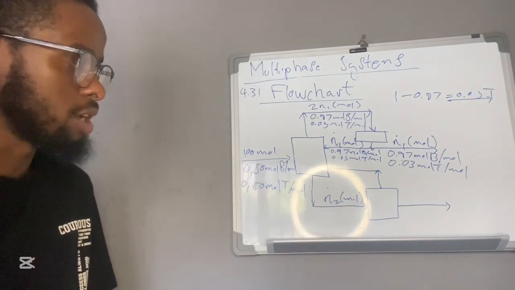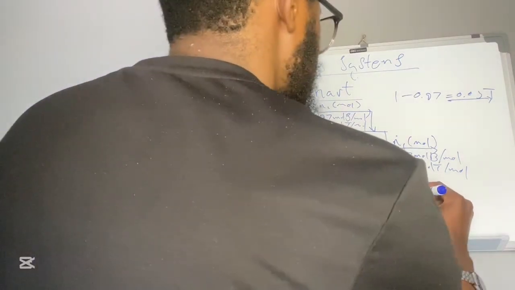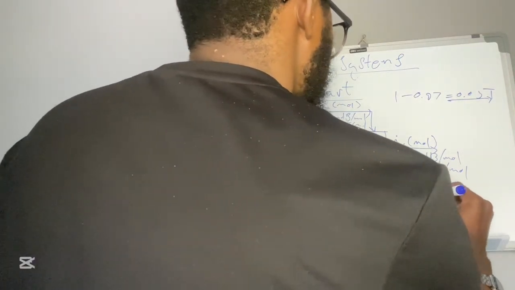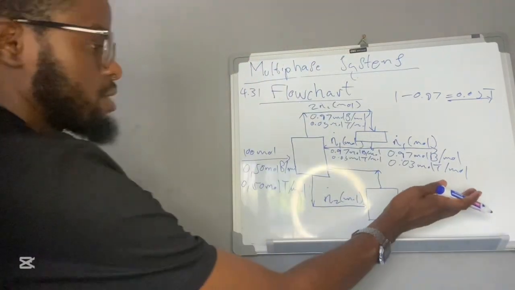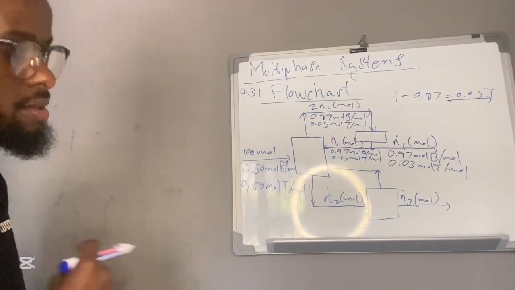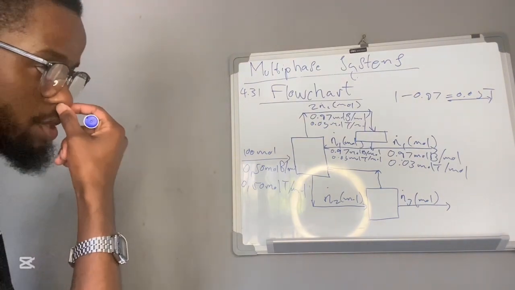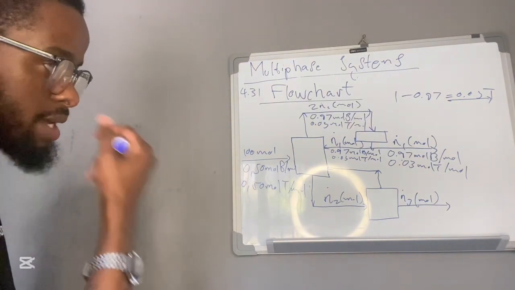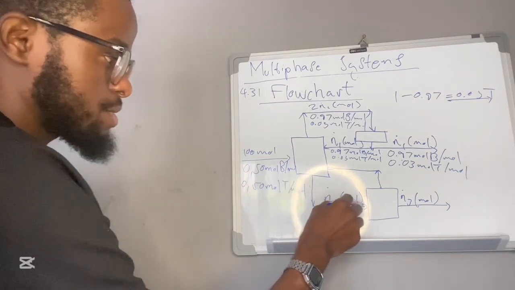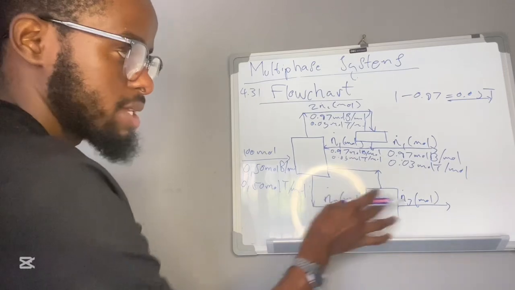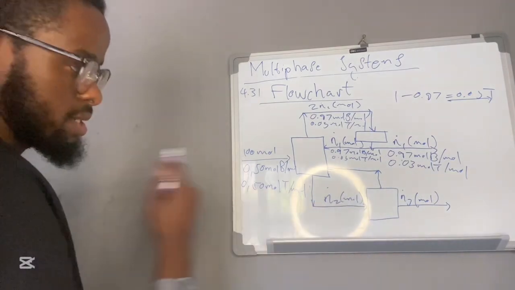I just want you guys to first know that if this is N2, then this is N3, the bottoms product, right? So this is the same stream, but it also splits. If you add these two, it equals this, right?